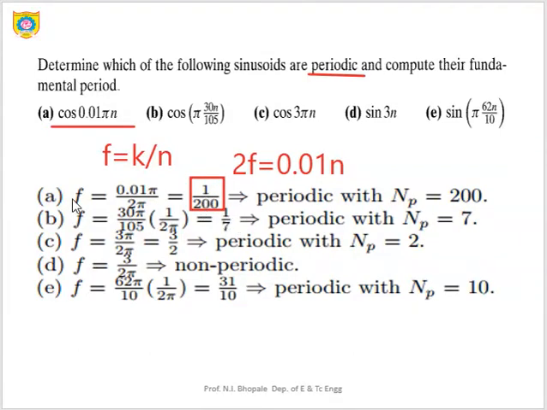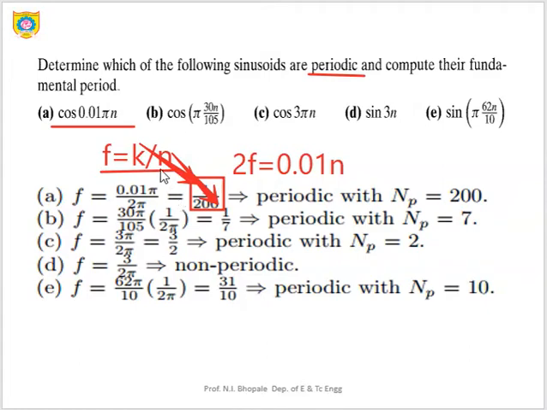Now compare this f equal to 1 upon 200 with the case mentioned over here. You will find that k is 1, and for the denominator part, n is 200.